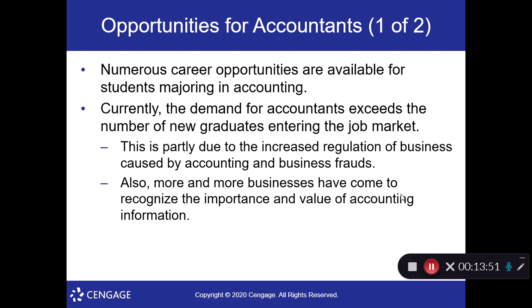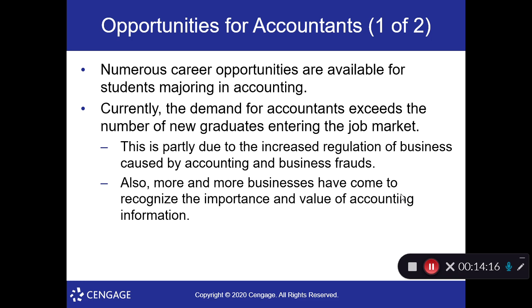Our slides here mention this is partly due to all of the regulations, and that is true. When they passed SOX, a lot of publicly traded companies had even more reporting requirements, even more disclosures, and as a result, they needed their accountants even more, both their internal accountants that prepare management accounting information, and also external people that prepare financial information.